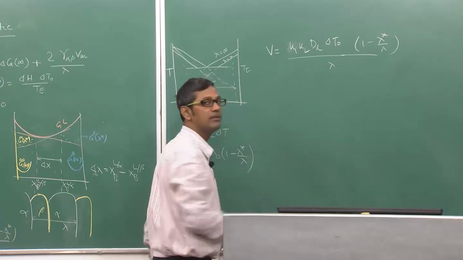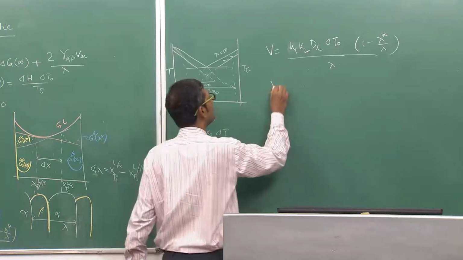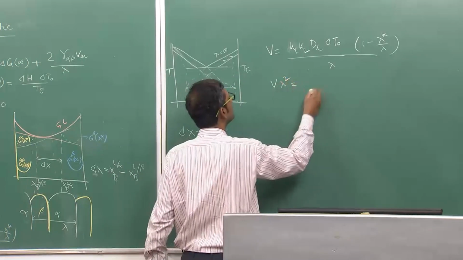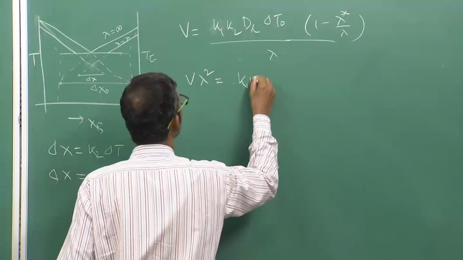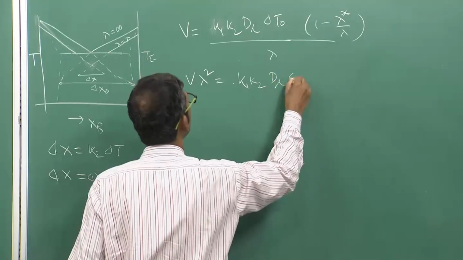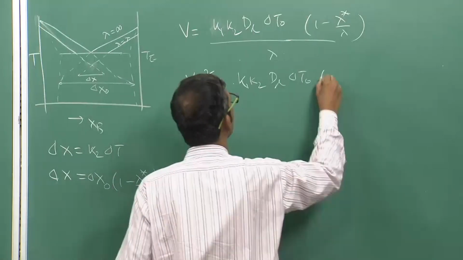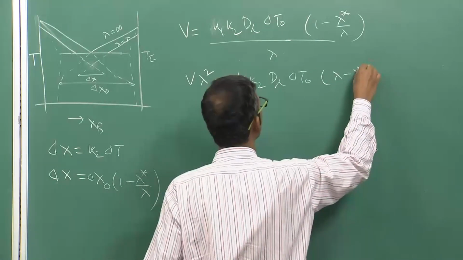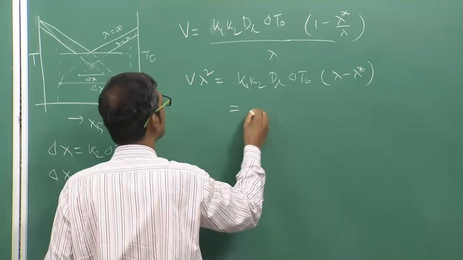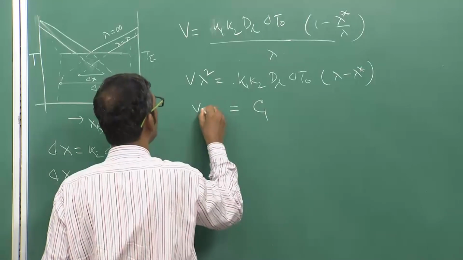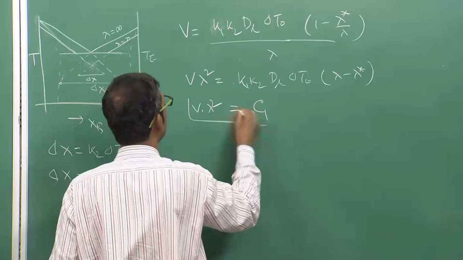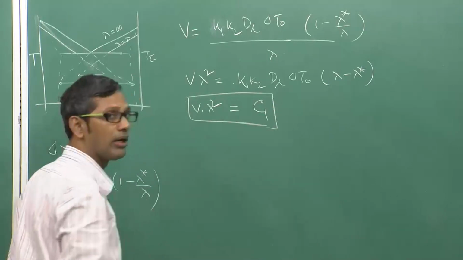Now, if we do the maths a little more carefully, you will find that V lambda square is equal to K1 K2 D_l delta T 0 and a factor lambda minus lambda star. So this can be treated as a constant C1. That is why V lambda square is basically equal to C1.